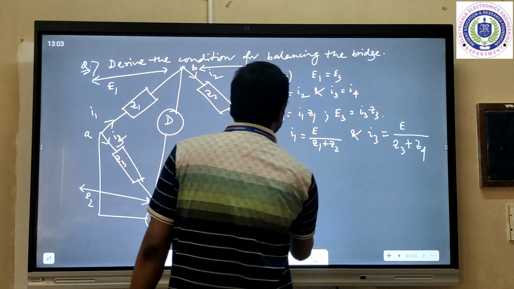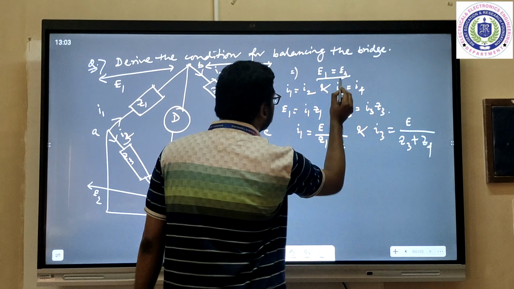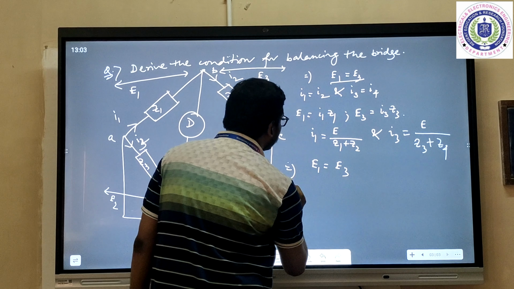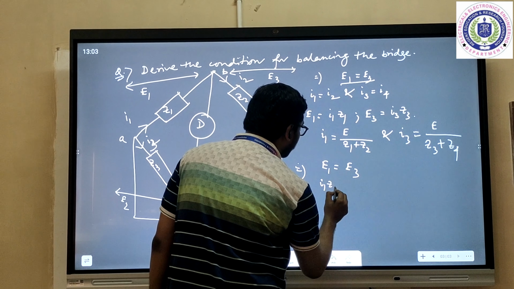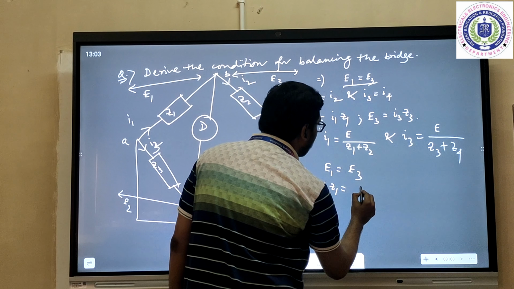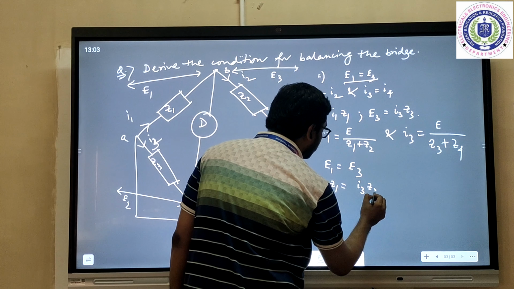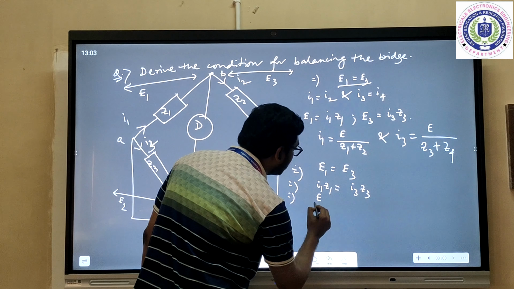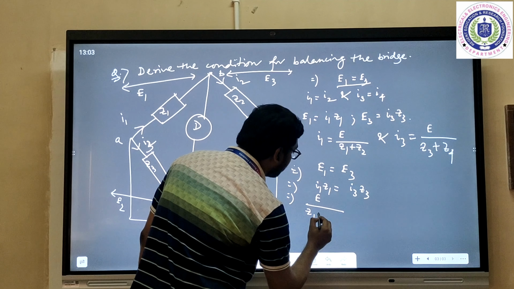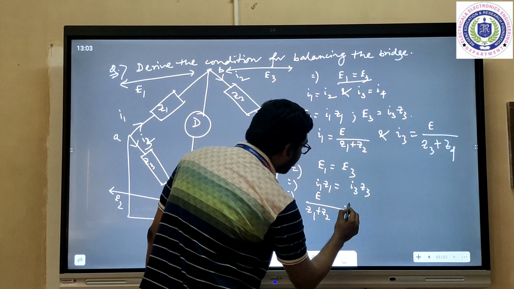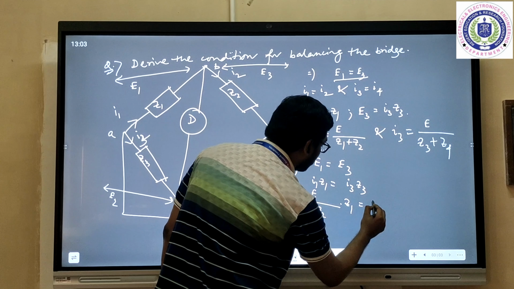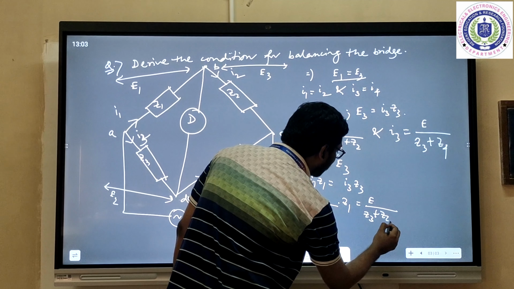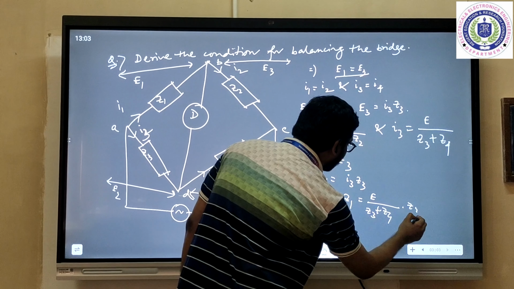Okay. Now E1 equal to E3. Now E1 equal to what? I1 Z1. E3 equal to what? I3 Z3. So just replace this value of I1 and I3. It will be E divided by Z1 plus Z2 into Z1 equal to E divided by Z3 plus Z4 into Z3.